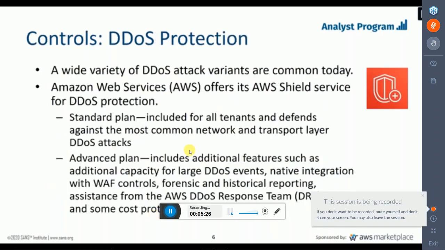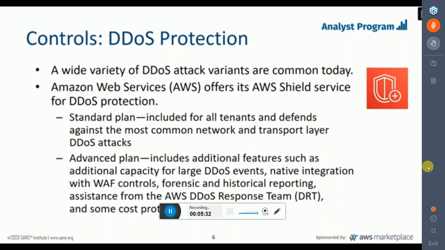DDoS scenarios occur, and again, this is something that a lot of organizations just didn't do. So network traffic, and AWS can probably do so far better than the majority of organizations on the planet.